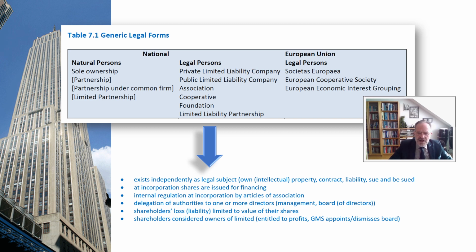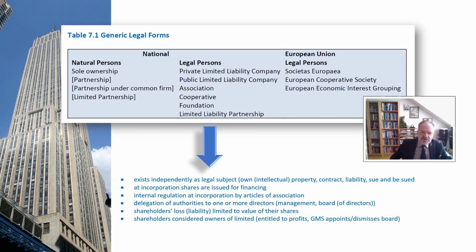That is referred to as delegation of authorities. So the legal person has its own authorities. It can in principle do what it wants, but it cannot act. And to act, it requires people, directors, which are appointed by the legal person to act on its behalf. So that is, maybe a bit difficultly, explained what delegation of authorities refers to. A board is created and the board acts on behalf of the legal person.